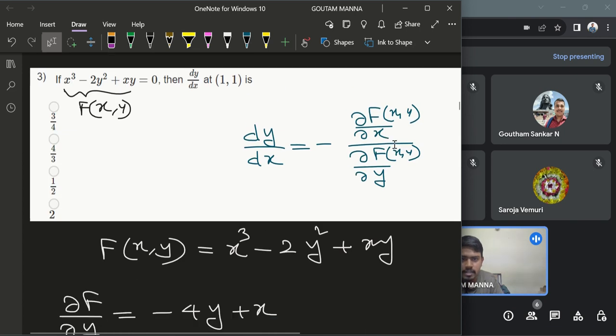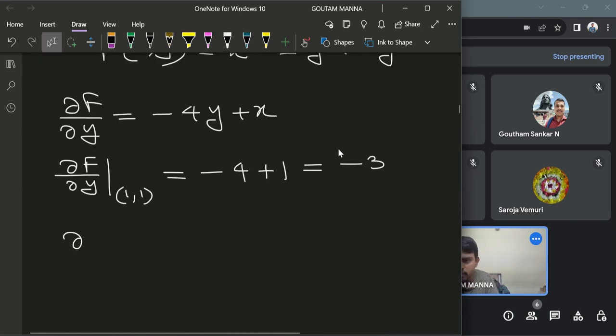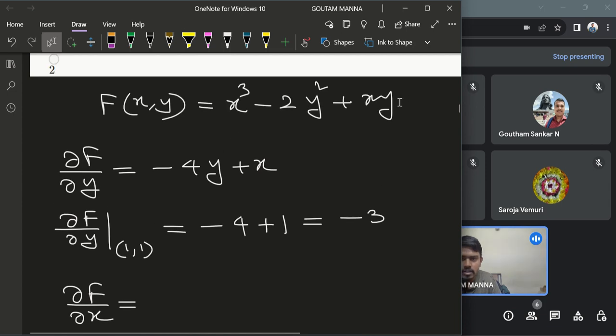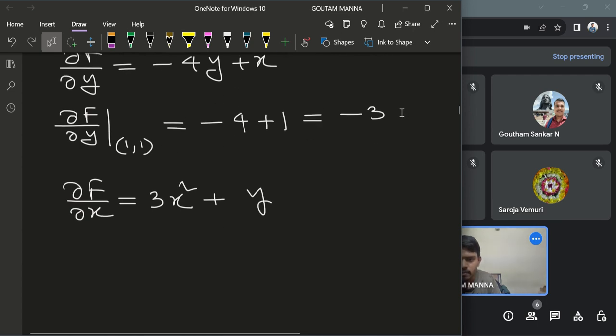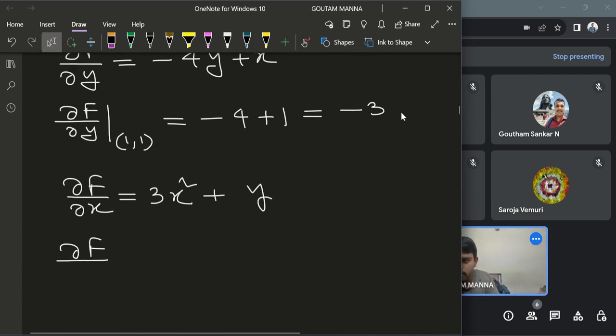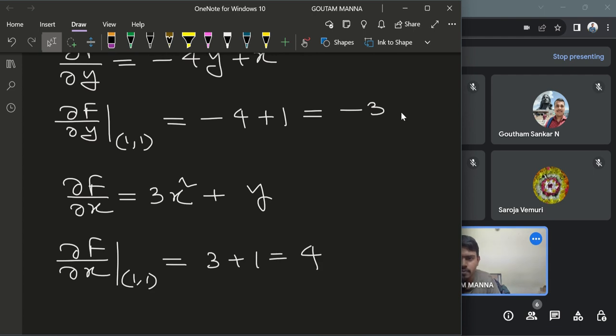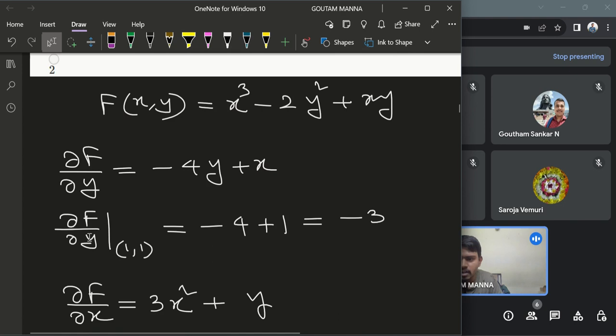and del f del x will be del x of this, so we will treat y as a constant in that case, so it will be 3x square, derivative of this term is 0, and derivative of this term will be y only, so it will be 3x square plus y. So del f del x at point 1 1, 3 plus 1 is 4. So you can see that del f del y is not equals to 0.